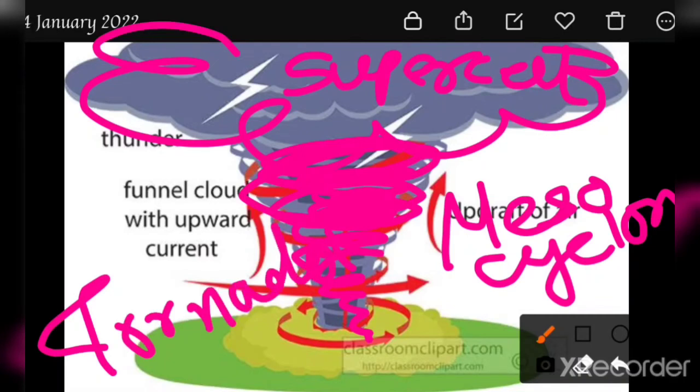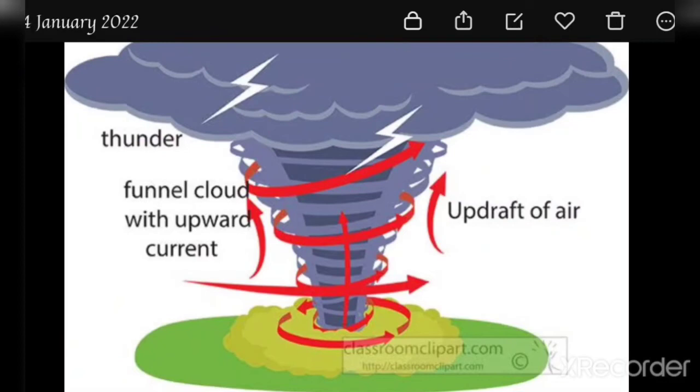So this is the main content about the tornado. Just an introduction is given in your textbook, but I have explained how the tornado is formed. Number 1, a tornado lasts up to a maximum of 2 to 3 hours. Number 2, the wind speed is quite high, 200 to 300 km per hour.